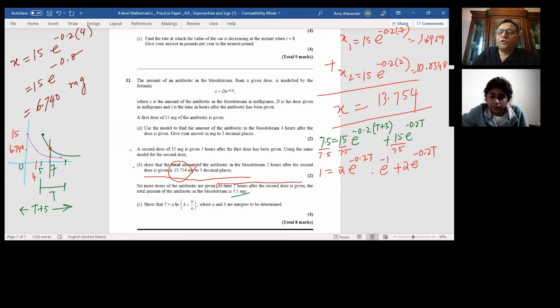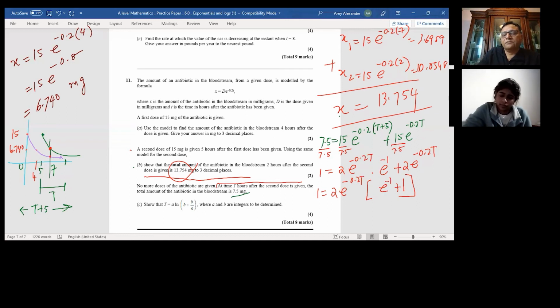Now, what can you take common? You can take common e to the power of minus 0.2 t. We get e to the power of minus 1 plus 1. Is that clear to you? Now, this part is a constant, and that is a variable, e to the power of minus 0.2 t is the variable, correct?